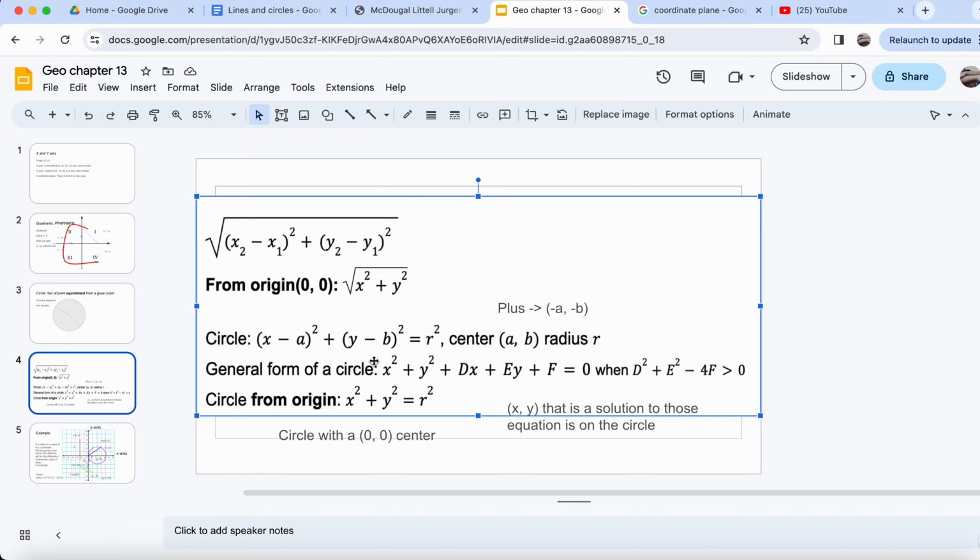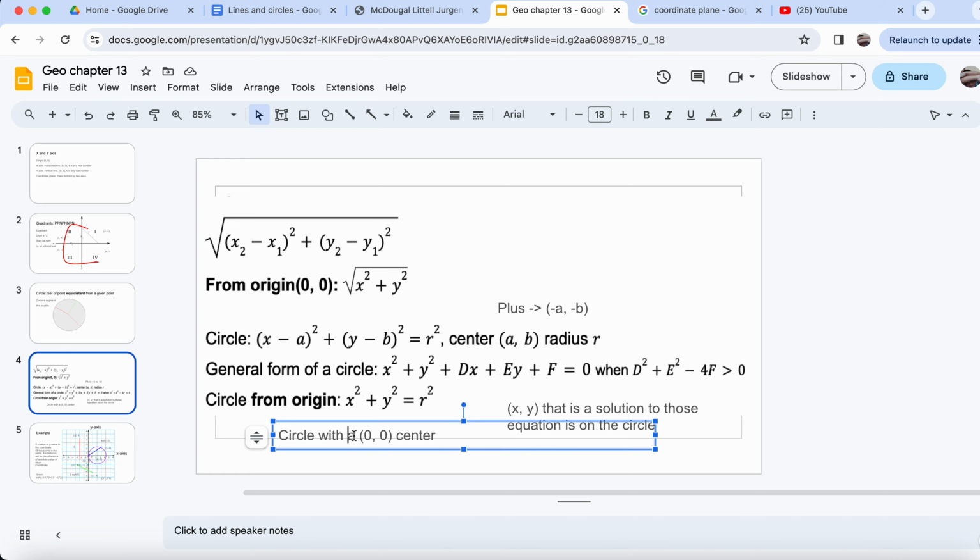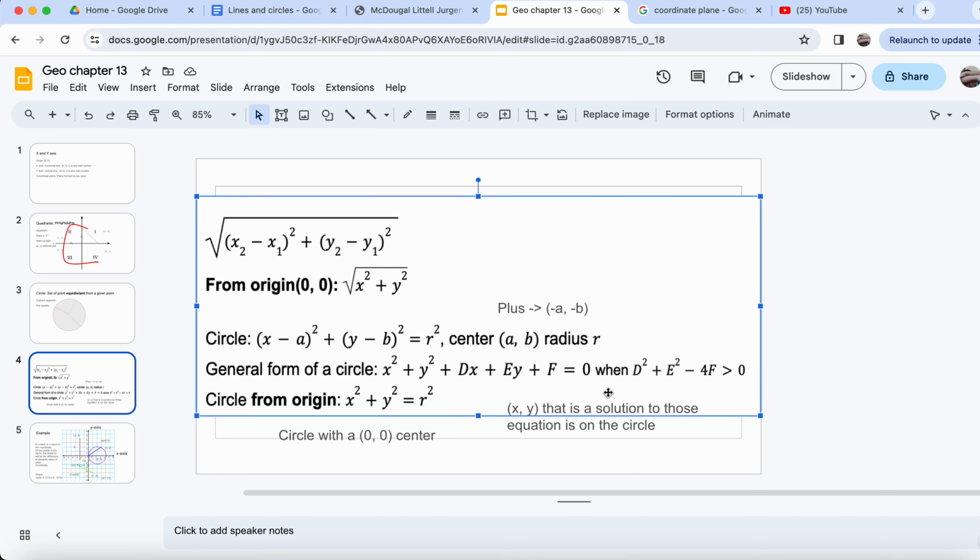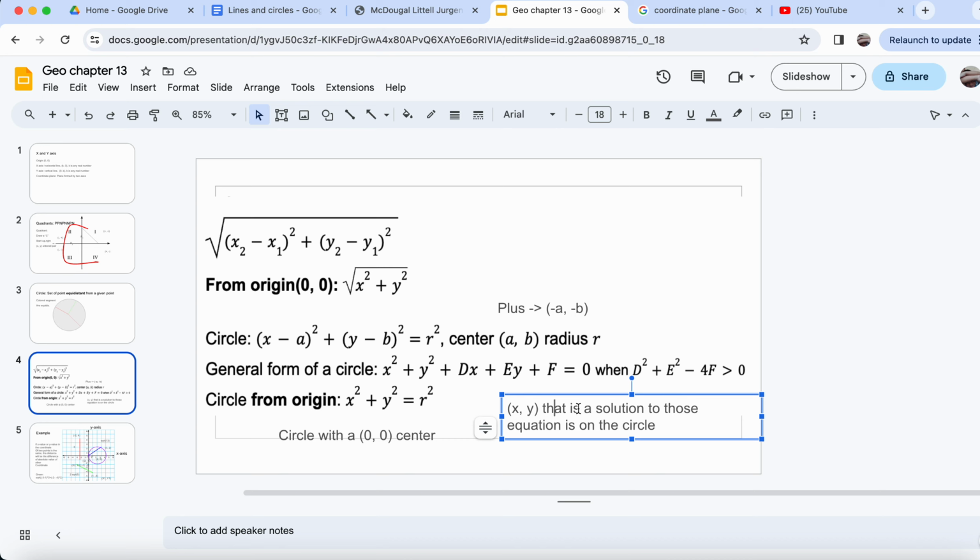You don't have to memorize it, it's just for reference. If you see a quadratic equation of two unknowns, x and y, it might be the equation of a circle. If the center of the circle is on the origin, then the equation is simply x squared plus y squared equals r squared. For all three equations, if an ordered pair (x, y) is a solution, it is on that circle.